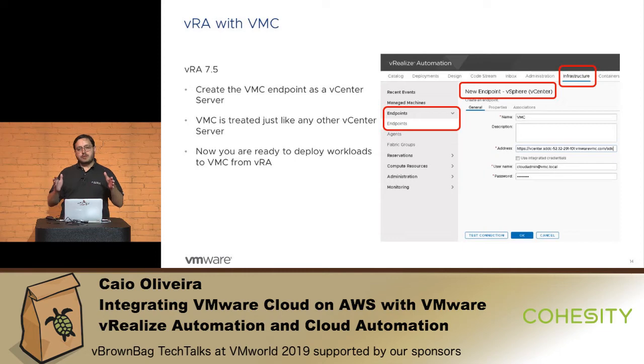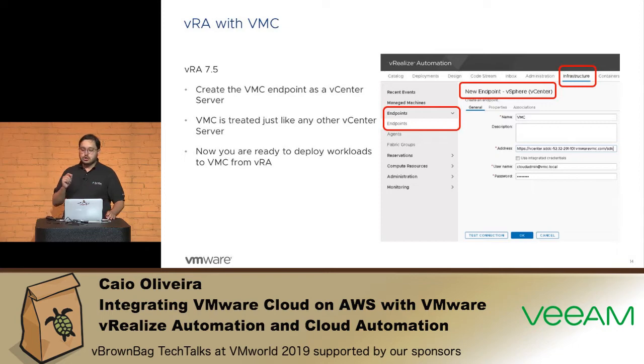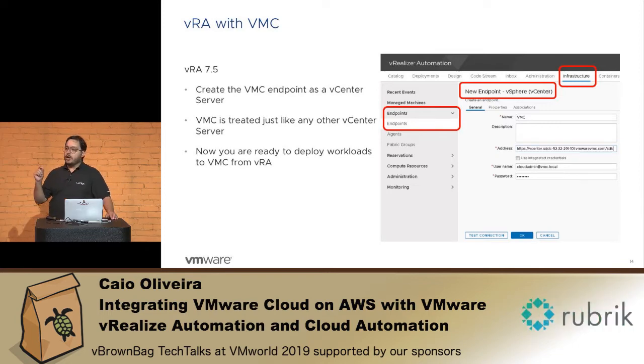If you want to take one slide about vRealize integration, this is the slide, right? Since on VMC we are running vSphere, the integration is the same one that I do in my data center, right? What I need to do is create a VMC endpoint as a vSphere server, right? Then I add the URL for my vCenter and the credentials.